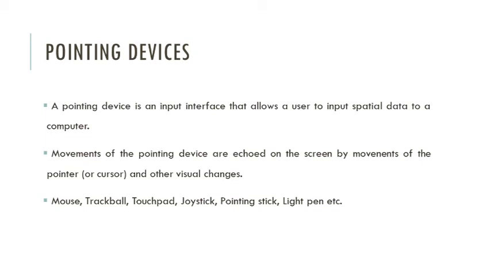Based on the touching interface surface, we have the touchpad, the graphics tablet, the touch screen, etc. Based on the relative position of an object, we have the joystick, pointing stick, etc. And we have other devices, which include the light pen, the light gun, the space ball, the eye tracking devices, the steering wheel, etc.